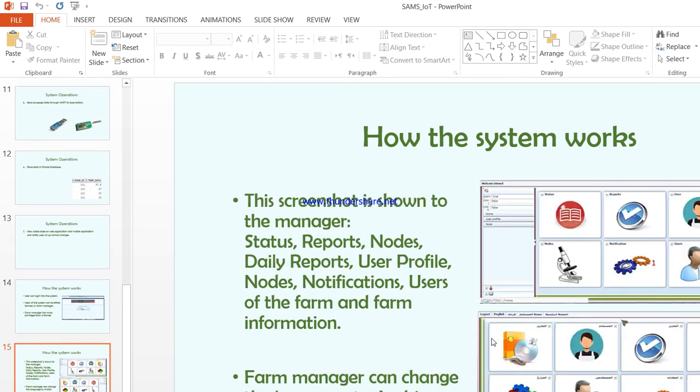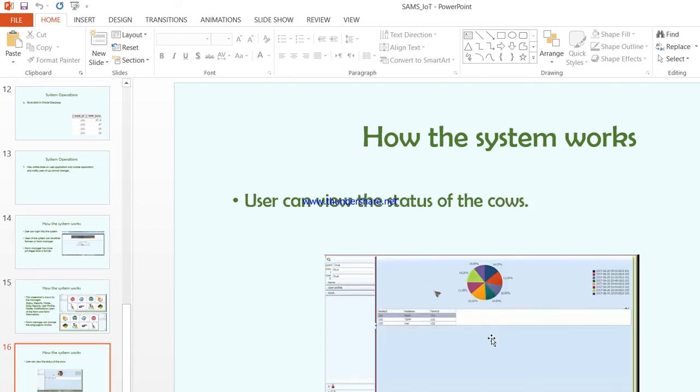The screenshot is shown to the manager: status, reports, node, daily report, user profile, notification, users of the farm, and farm information. The farm manager can change the language to Arabic. The user can view the status of the cow in a graphical view.